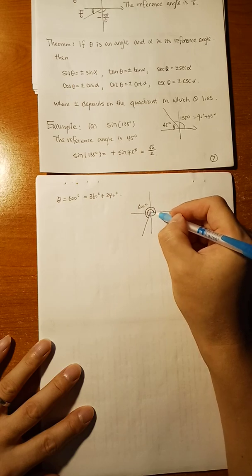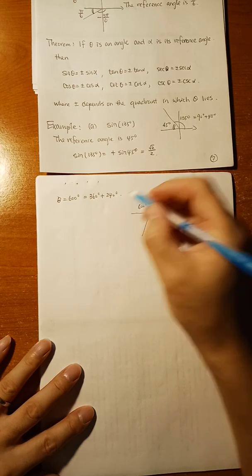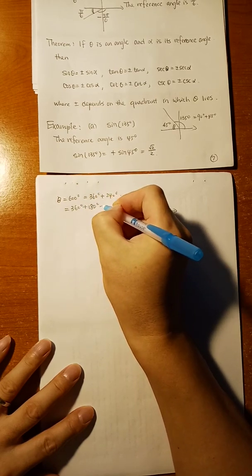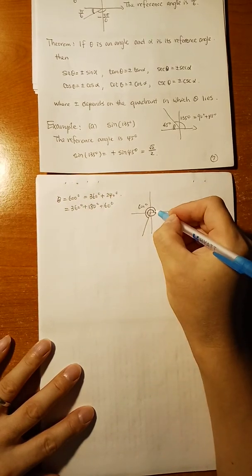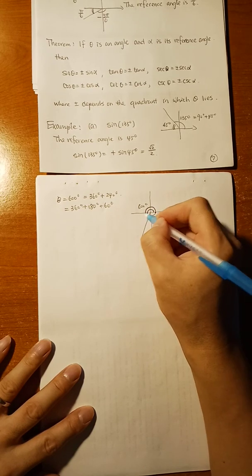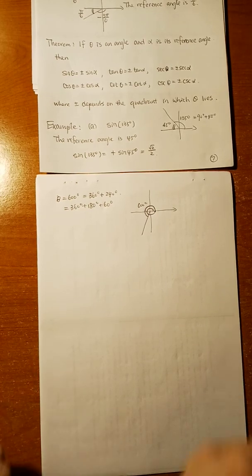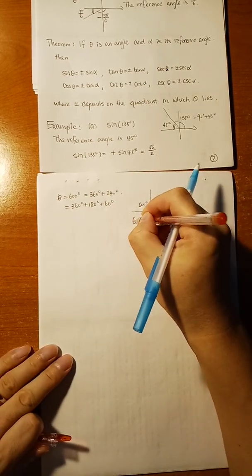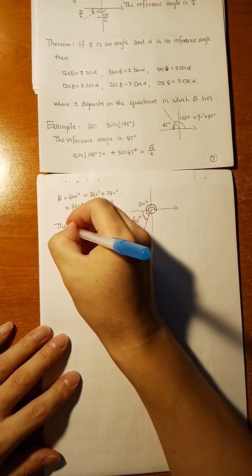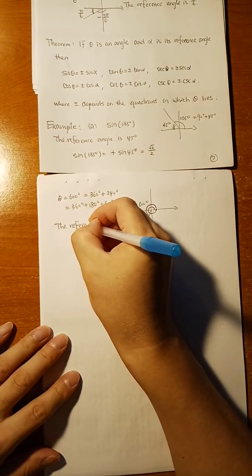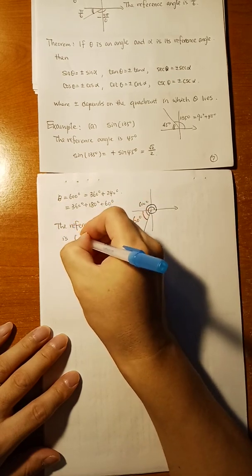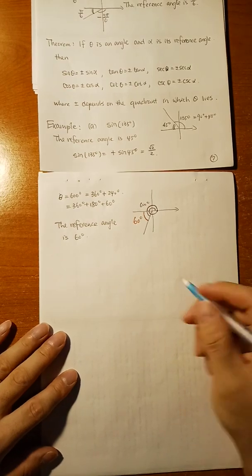From here to this point is 360. Then you add a straight angle, 180, and then you add an additional 60 degrees. So the reference angle is 60 degrees.